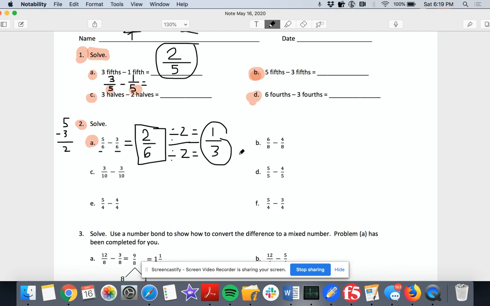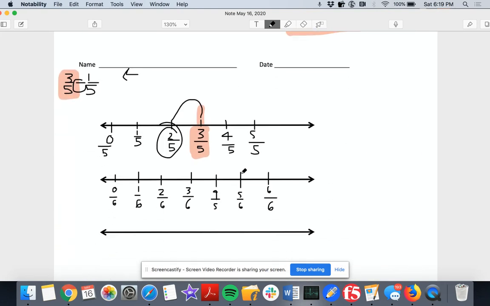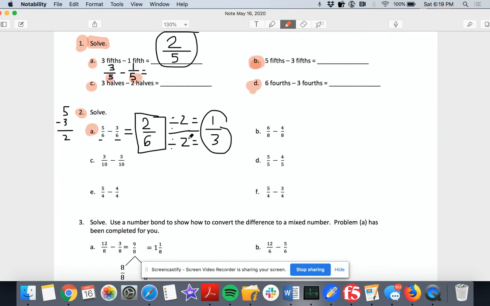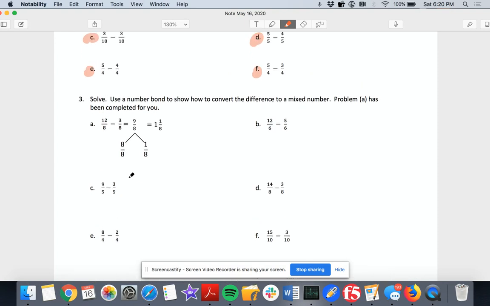I started off with 5 over 6, right here, and they want us to subtract 3. So they want us to move to the left again, 3 spots. 1, 2, 3, and I once again get 2 over 6. Okay, go ahead and try B, C, D, E, and F on your own.